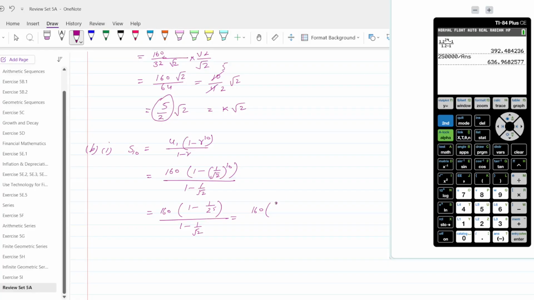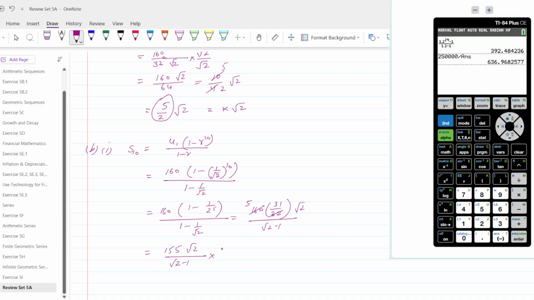32 minus 1 is 31 divided by 32, and root 2 minus 1 divided by root 2. So root 2 will go over here. 32 cancels 160, 5 times. So this becomes 155 root 2 divided by root 2 minus 1.